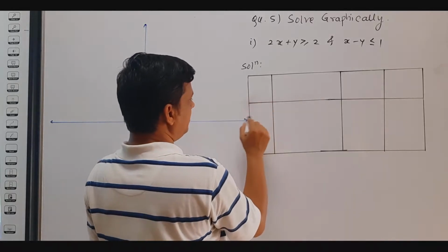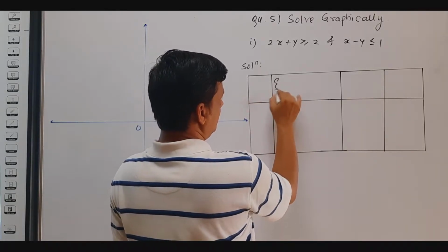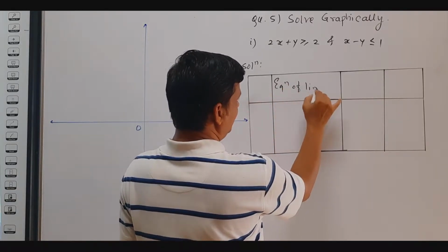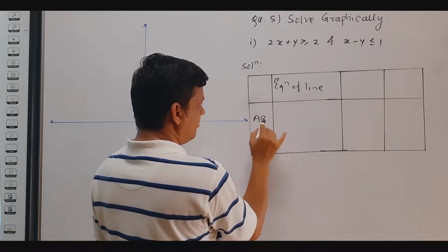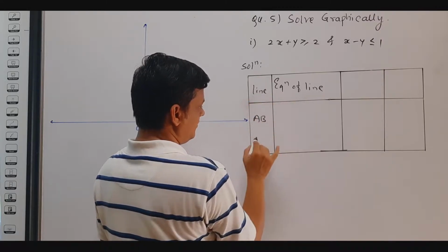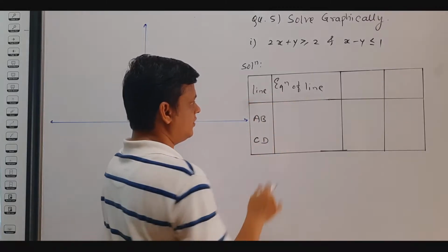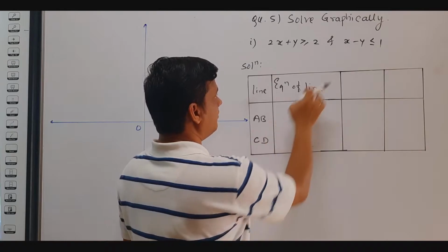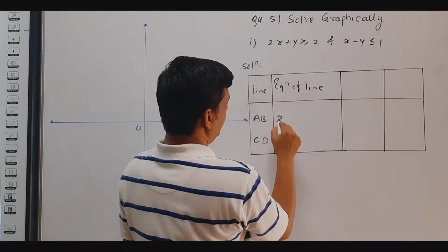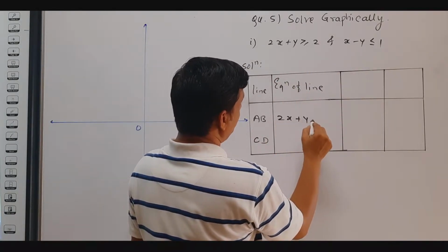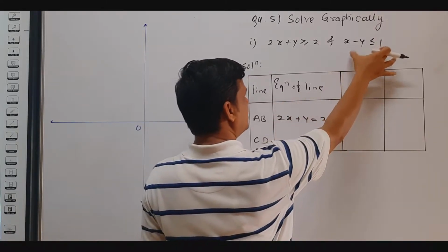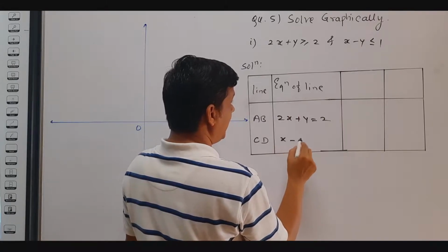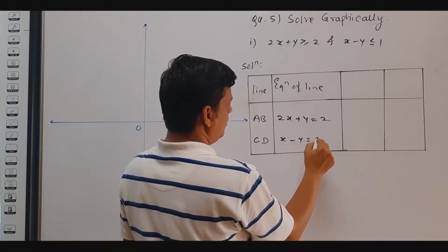So we write here the equation of line. We write the first line as AB and the second line as CD. So the equation of line AB from this inequation is 2x plus y equals 2, and the equation of the line from the second inequation is x minus y equals 1.